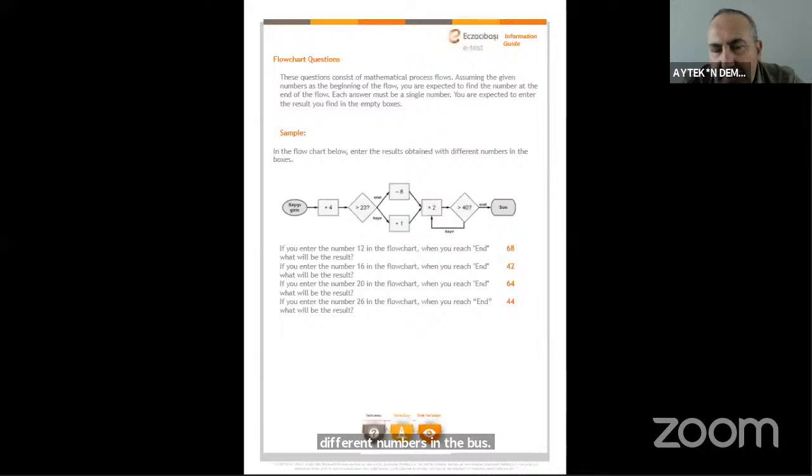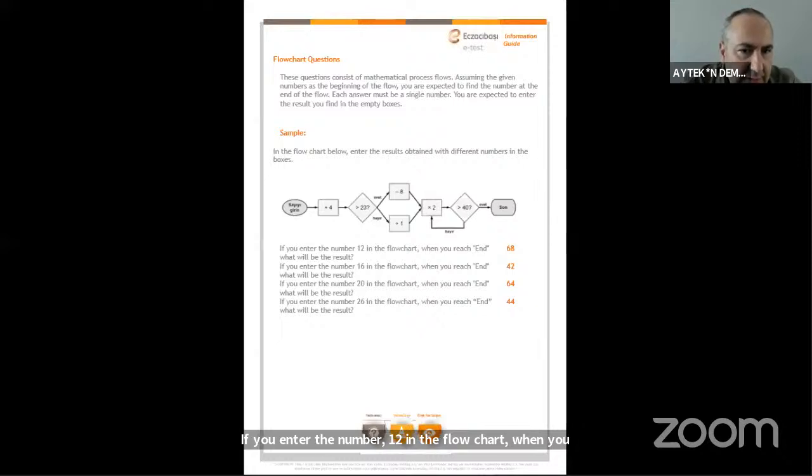Yes, there is some mathematical process. If you enter the number 12 in the flow chart, when you reach the end, what will be the result? Asking.